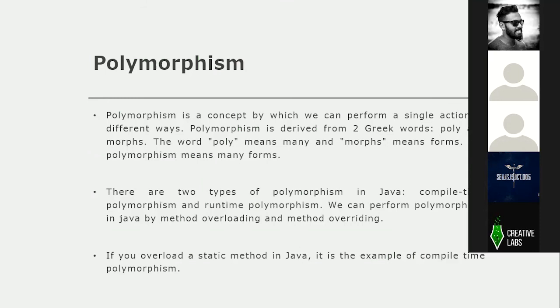Basically, in polymorphism, there will be a function which will be accessed in many places, but each will have its own implementation. For example, let's say a class called animal.